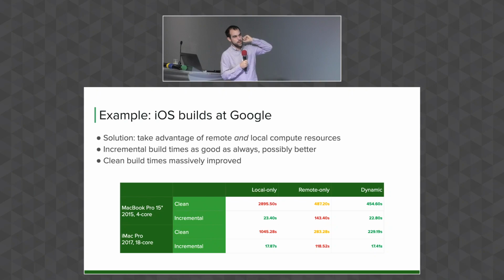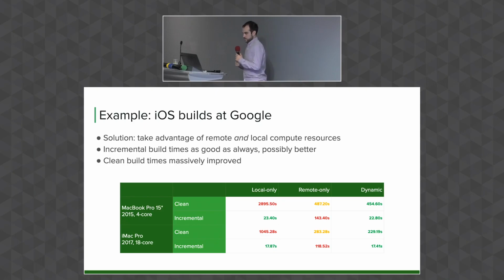For clean builds, we get the remote behavior, more or less. And for incremental builds, we get exactly the local behavior. There's some overhead in some cases, but well, you don't see it here, but it exists. We will see later. But yeah, we can get the best of both worlds, essentially.